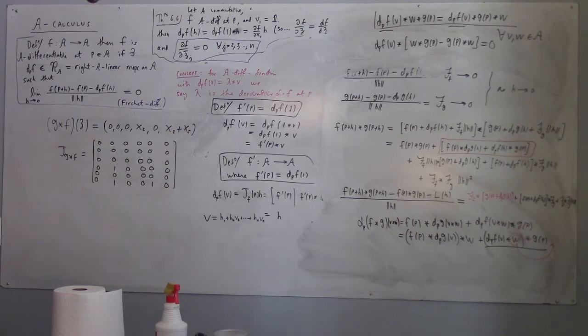So 3x3 upper triangular matrices allow you, through their product, to define a multiplication on R6, which is not commutative because triangular matrices don't necessarily commute.